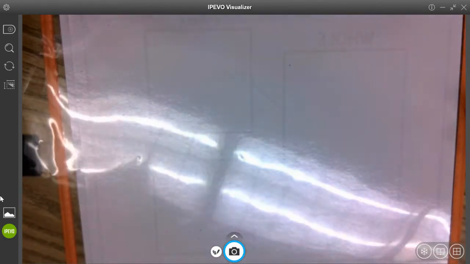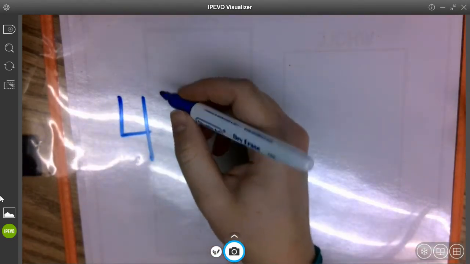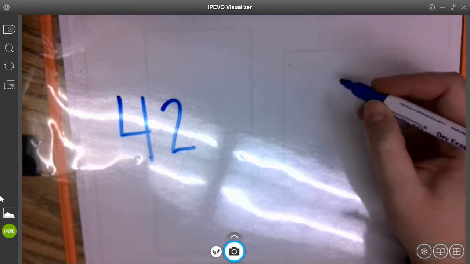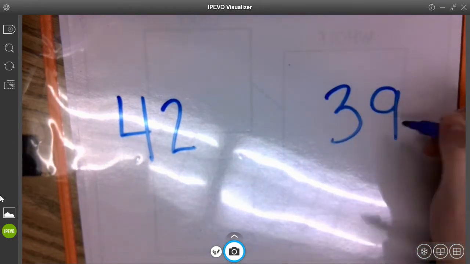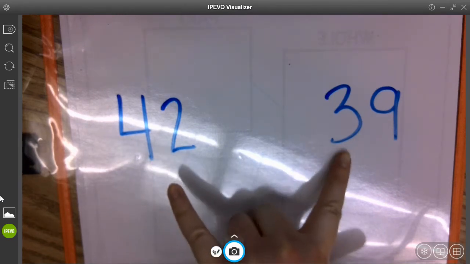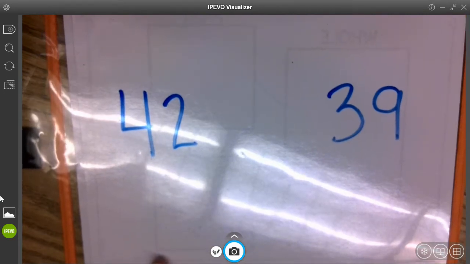Let's try another one. Okay, we're looking here. I start comparing both the tens. I have a 4, I have a 3. Are they the same? No, so I don't need to worry about the ones. So which way is the crocodile going to open his mouth?